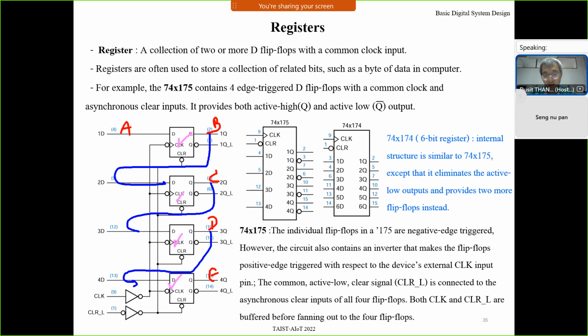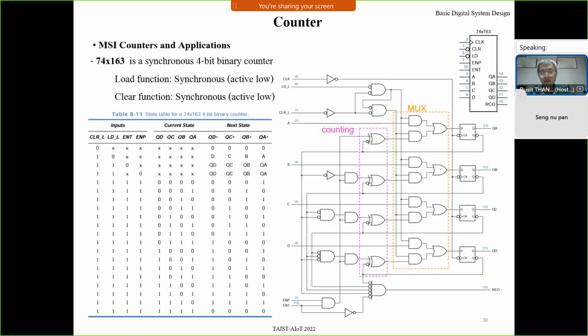The first flip-flop will read A, this one before will read B, this one before will read the data of C, and this one will read D. So that means when the clock ticks, it will update to A, B, C, and D. So you know it shifts, right? It shifts the position B to this position, and so on. Okay, this is a chip register.